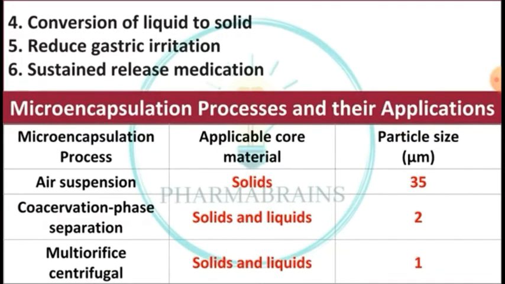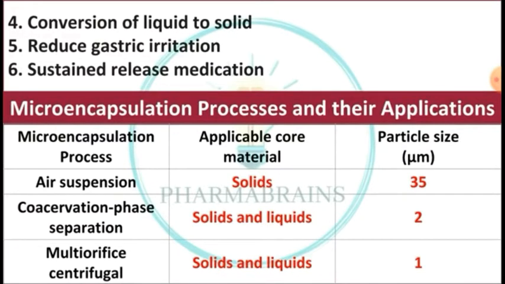So next we see the coating materials. These coating materials are capable of forming a film that is cohesive with the core material, chemically compatible and non-reactive. The desired coating properties are strength, flexibility, impermeability, optical properties, and also cohesiveness.